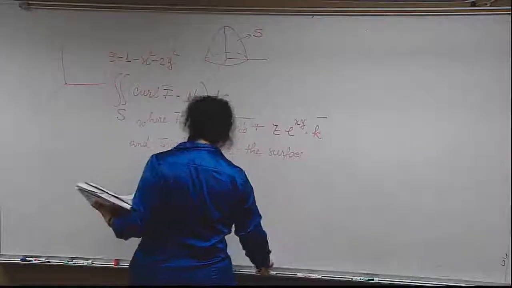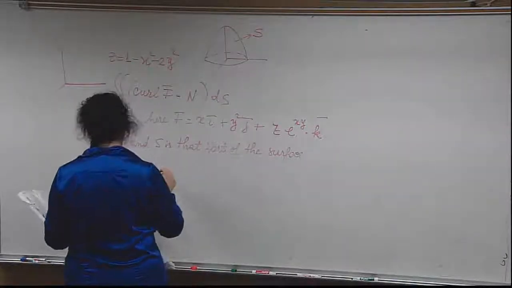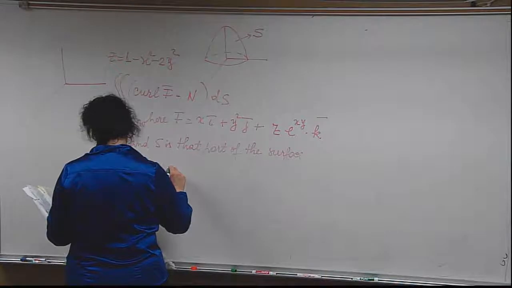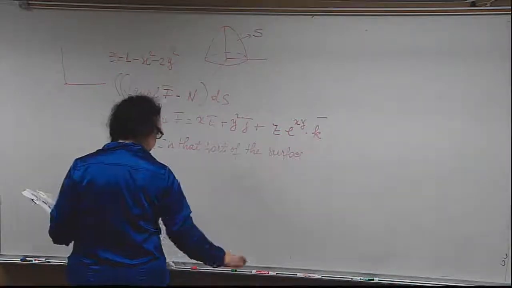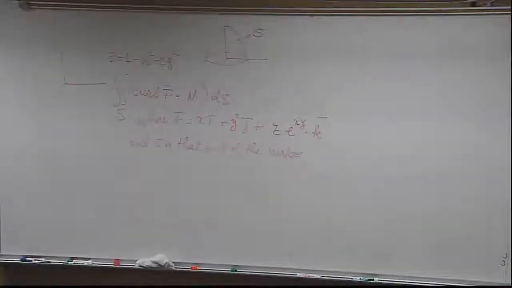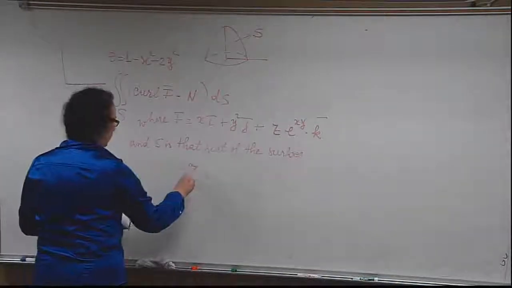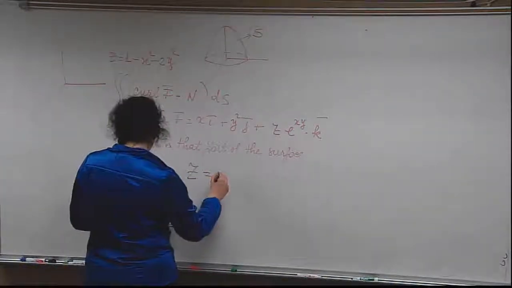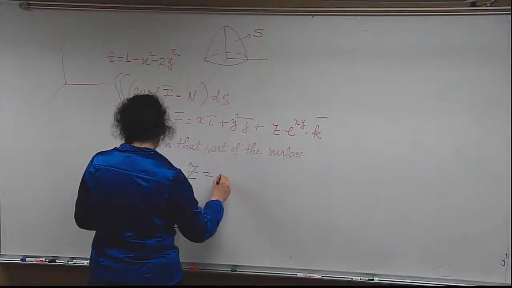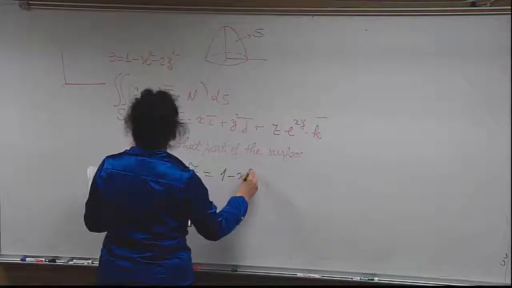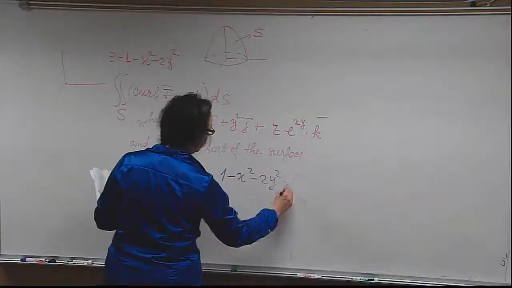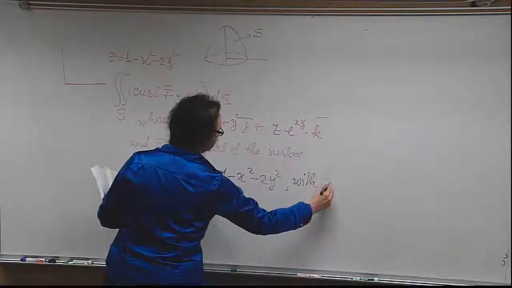Let me change the marker so the video can see better. This is a bad marker. z equals what was it, guys? 1 minus x squared minus 2y squared, with z positive or 0.